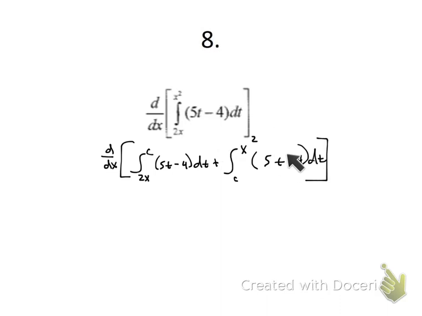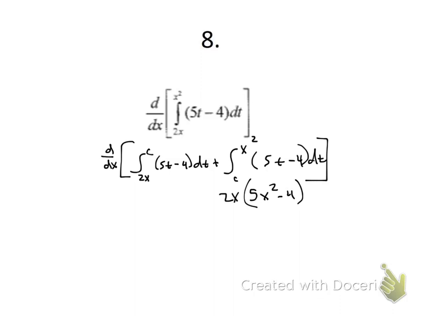And we know exactly how to do this. It doesn't matter what the constant is. All we do is we plug in x squared here, and we multiply by the derivative of x squared. So this would become 5x squared minus 4 times 2x.